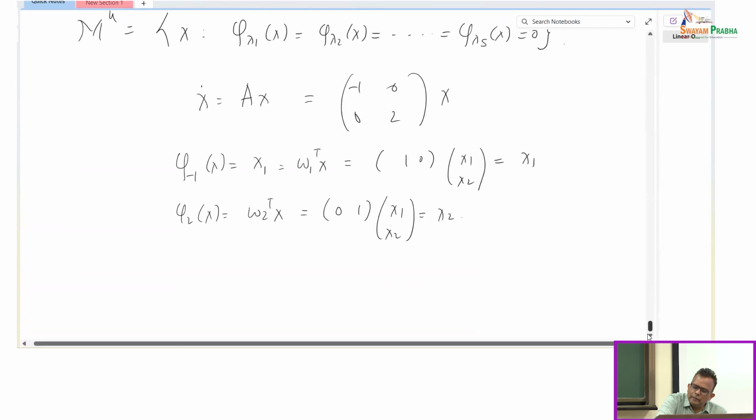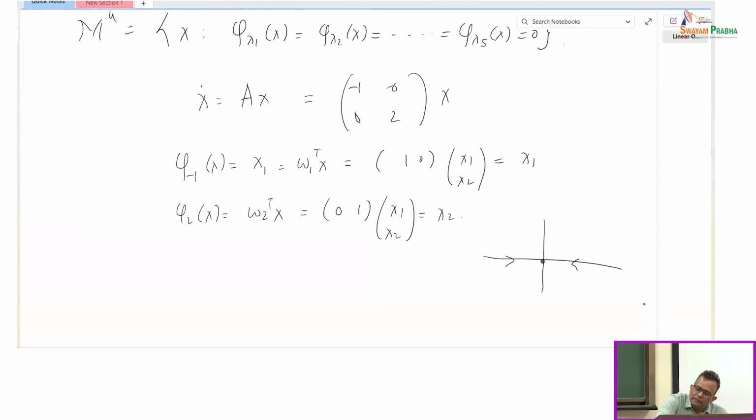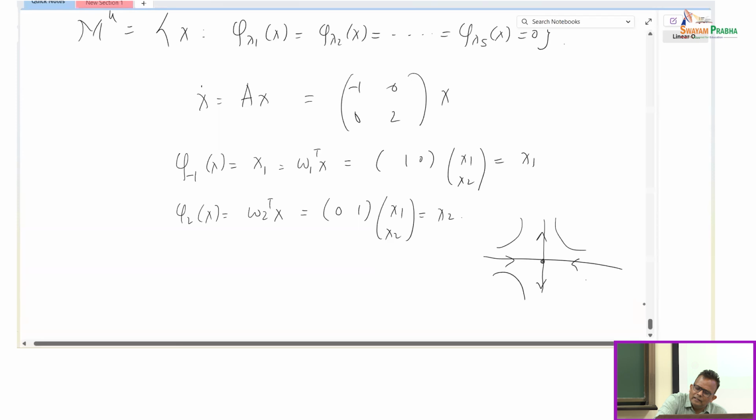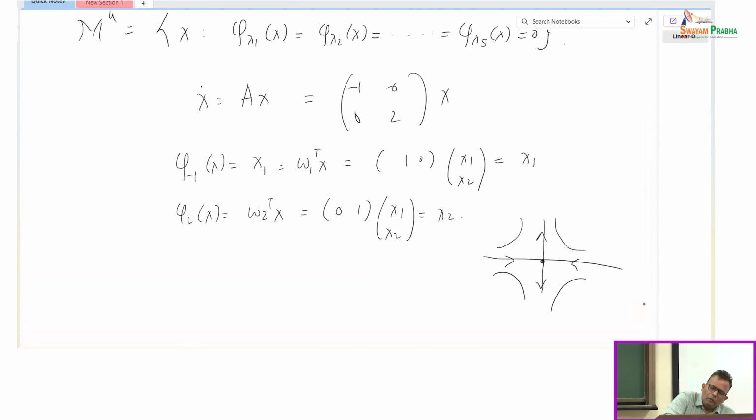What is the definition of the stable manifold? The phase portrait for this will be like this. It is minus 1, so this is going in this direction, and this is going in this direction. So what are the stable and unstable subspaces here? The stable subspace is the set of all points x where phi 2 of x equals 0, where 2 here means eigenvalue 2.